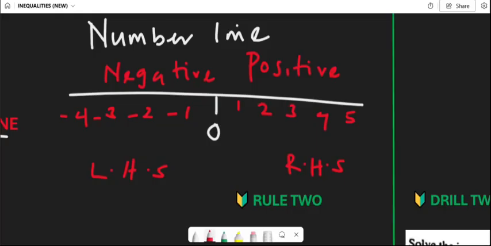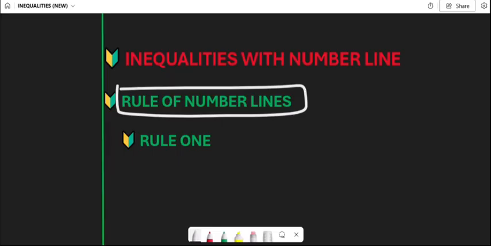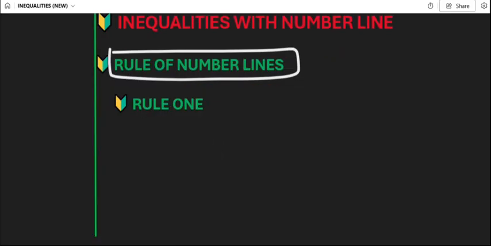But there are some rules in number line that we need to know. What are the rules we have in number line? I'm going to give examples on those rules and how we can apply them, because most of the time you'll be asked to represent your answer on a number line.